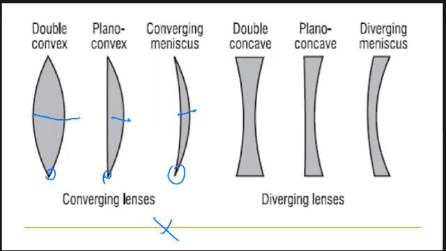It's easily recognizable because the middle of the lens is thicker than the edges. So we have there double convex, plano convex, or converging meniscus. Sometimes this is also called biconvex.